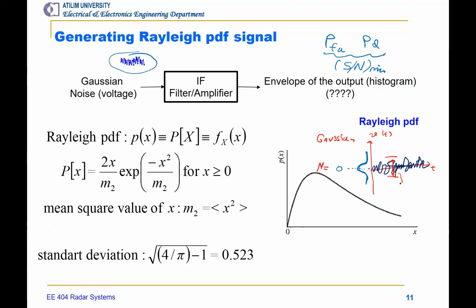This variation can be written in terms of standard deviation. So the higher the variation, the higher the standard deviation, and the higher the variance. So this is how we define Gaussian noise. It's added on any signal. This is the PDF.